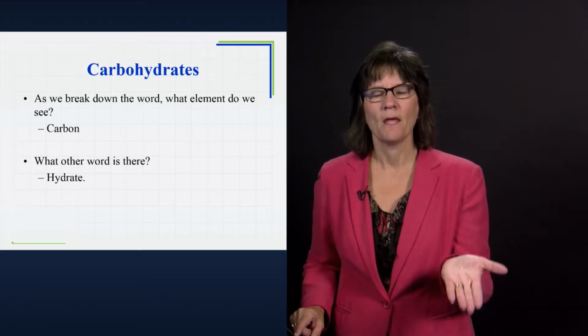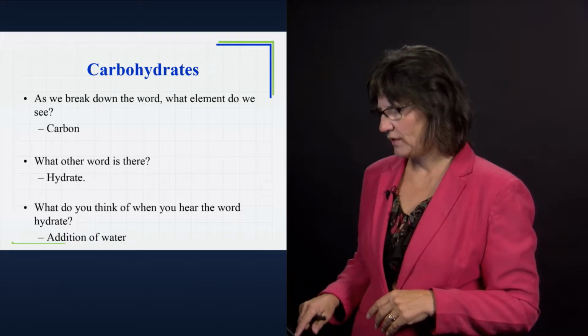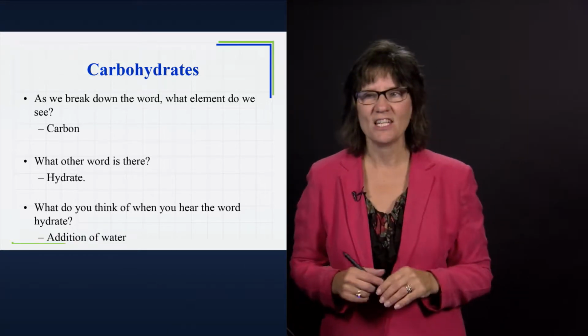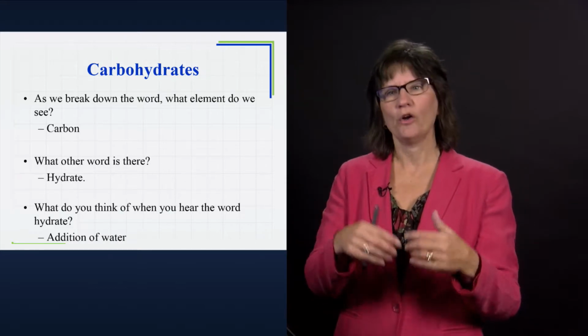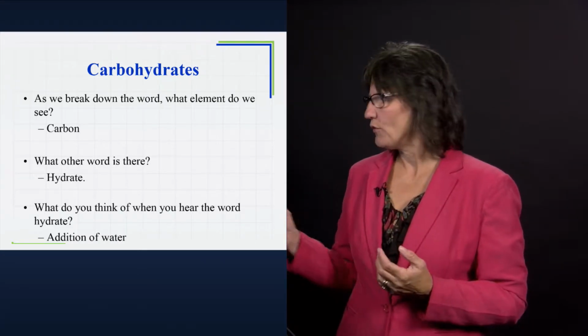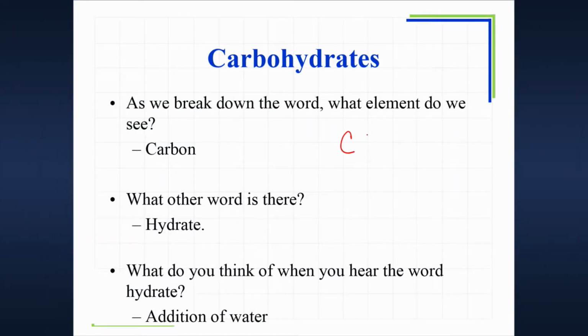Carbon hydrate. So that word hydrate, when we think about that word, we're thinking about water. The addition of water is the word hydration. So when we start putting water in, we are hydrating. So if we look at the formula for our carbohydrates, they generally break down to carbon and water, but they're multiples of this.